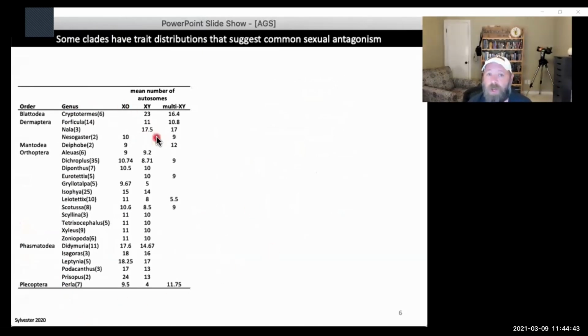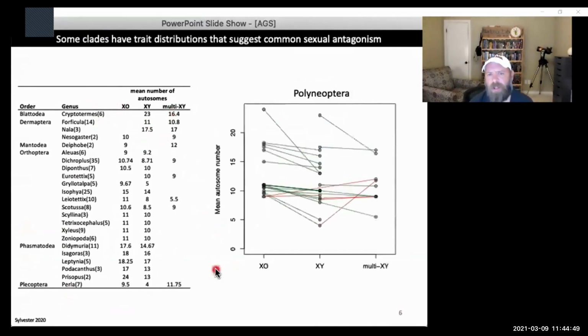And we can look for that reduction in autosome number that's associated with these differences in sex chromosome system. And this is what the data ends up looking like. Each line in this plot is connecting the mean of the species in a genus with XO versus the mean of species in a genus with XY sex chromosome systems. And the same thing for XY to multi-XY.